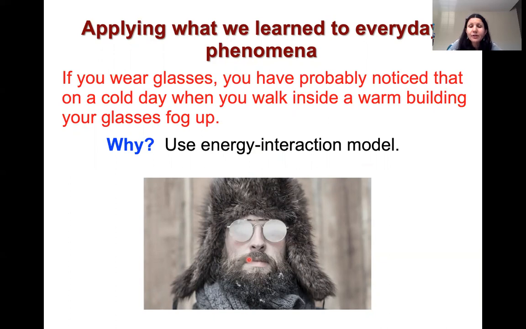The heat will flow from the warm air to the cold glasses. So the glasses will start warming up, so the thermal energy of the glasses will go up. They're not going through a phase transition, they're just getting warmer. Now, what does that mean? It means that the energy of the environment, or that warmer air that's heating the glasses, has to go down.